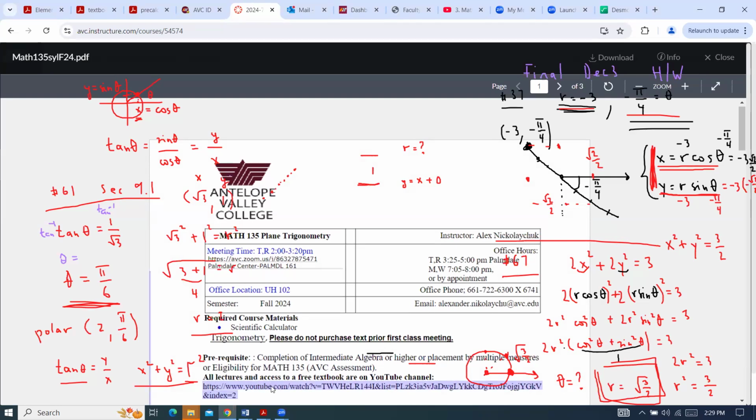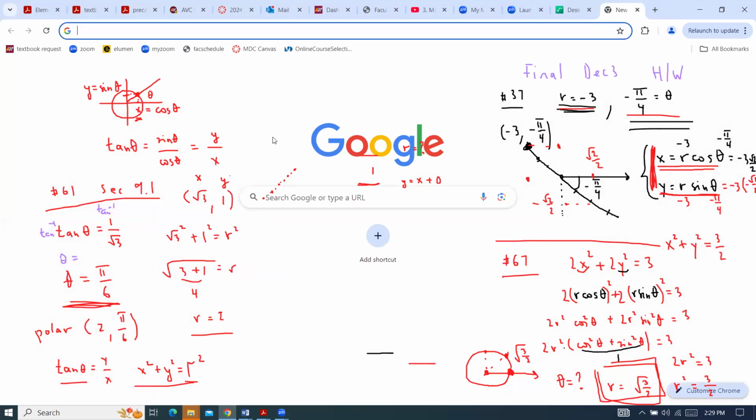I asked you to save this link, or go to the syllabus on Canvas and paste it into a Google search, because I'm not sure if every single search engine will take it, because sometimes they don't, and that makes people panic.